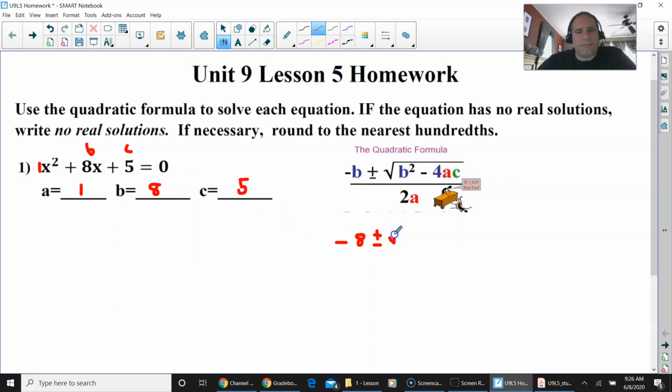and then the square root of b squared, which is 8 squared, minus 4 times a, which is 1, and you put that in parentheses, and then times c, which is 5.